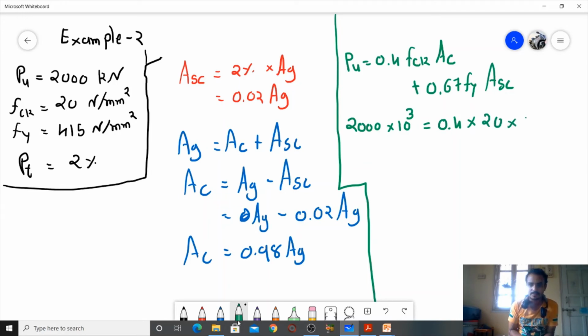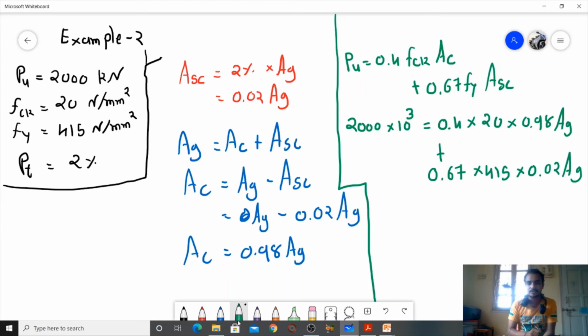Asc is 0.02 Ag, and Ac is 0.98 Ag, plus 0.67 into fy, which is 415, into Asc, 0.02 Ag.